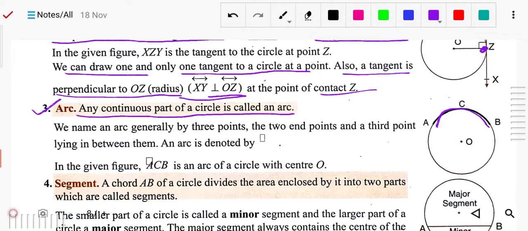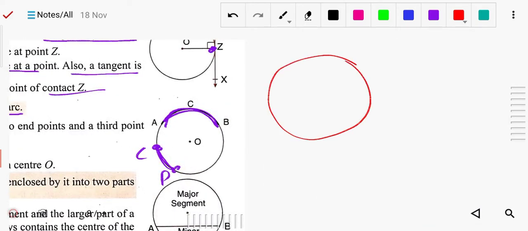Any little part of the circle is called an arc. This portion, if you are taking, suppose this is C or D, this part you can call an arc. Simply on the circle, any part you are describing, suppose this part you are taking, this is your arc. This is a continuous part of a circle, meaning a small portion of the boundary of the circle, that is your arc.